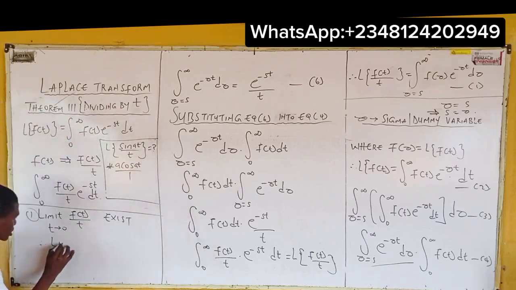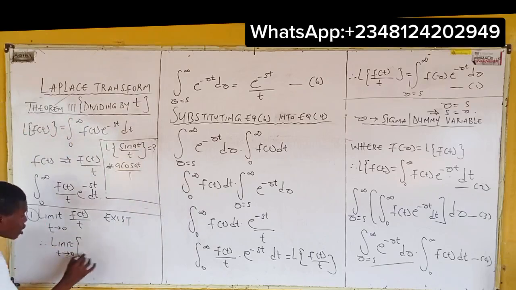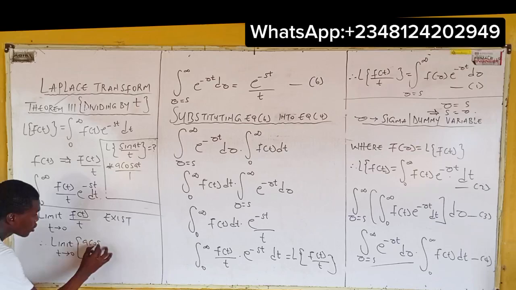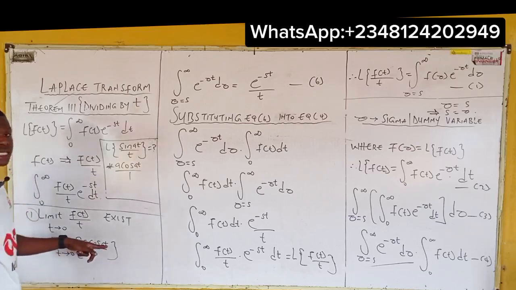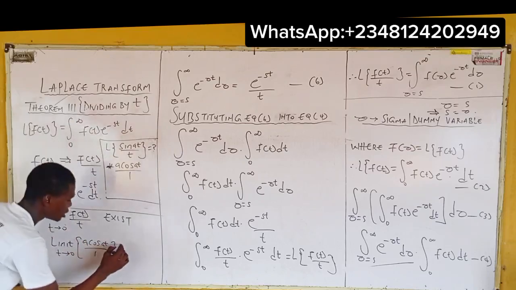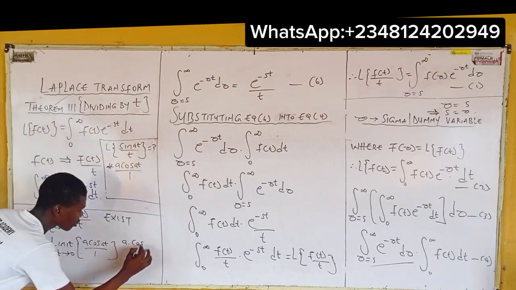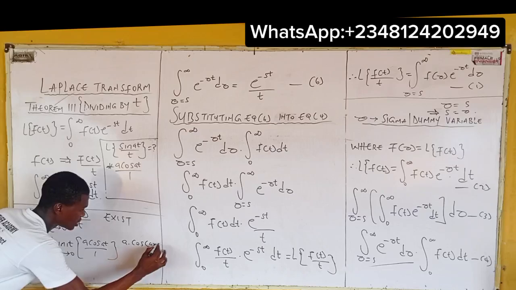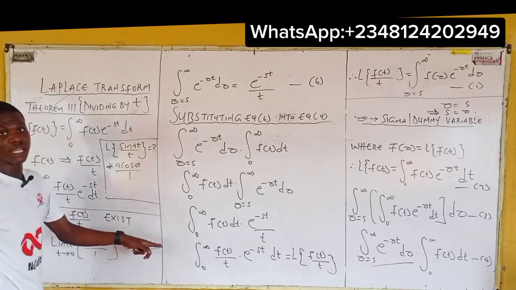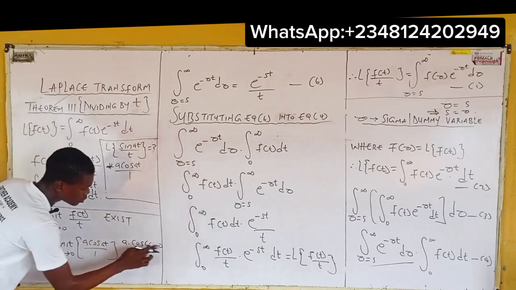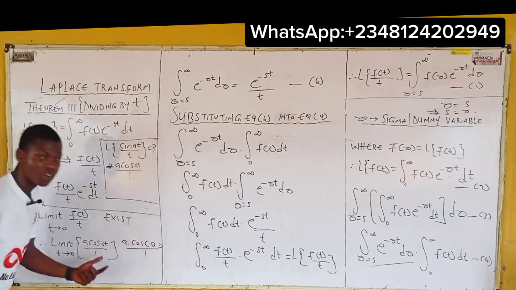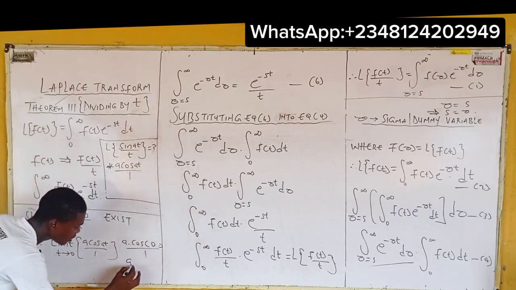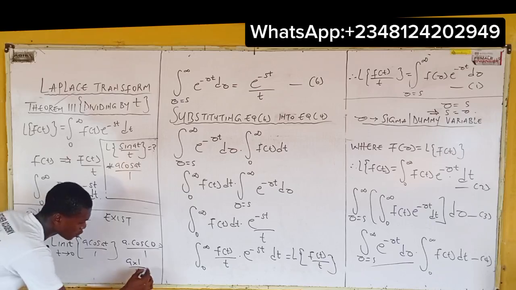Therefore, the limit as t tends to 0 of a cos at over 1, meaning anywhere you see t, substitute 0. This gives a multiplied by cos of a times 0, over 1. A multiplied by 0 simply means 0. Cos 0 gives 1. Meaning a multiplied by 1 divided by 1 is a.